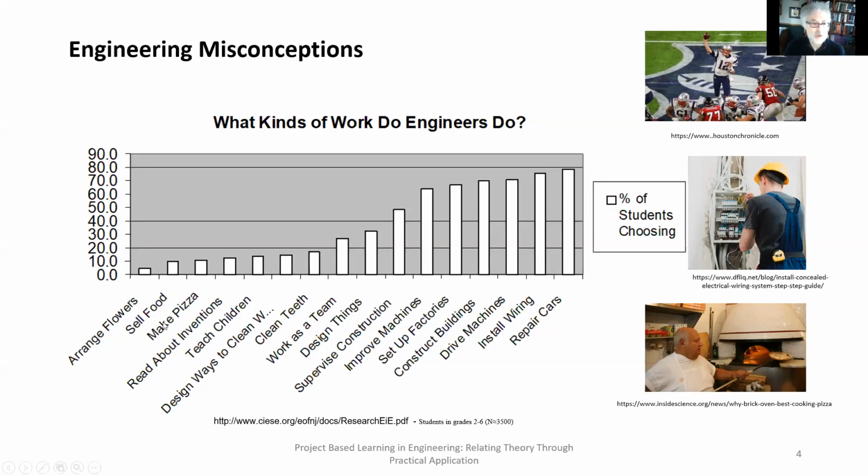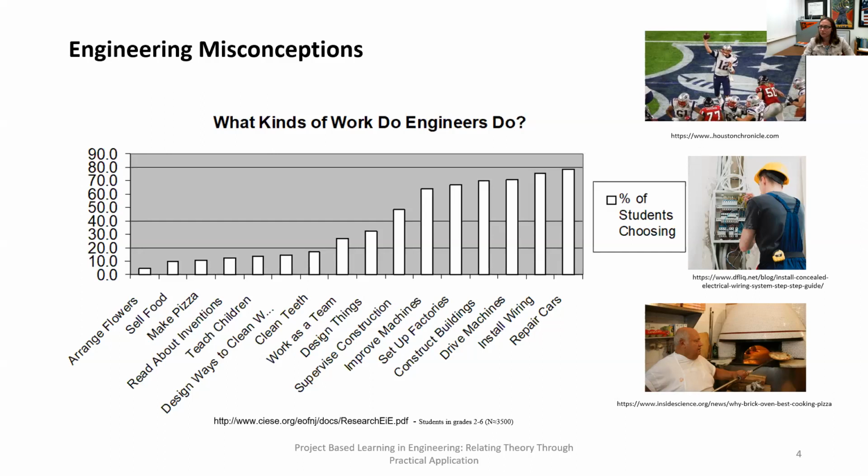I'm terrific in all of these ones, by the way. And clean teeth, install wiring, repair cars, etc. These are the topics that they found are a part of an engineer's work. We will be in big trouble if we have to cover these kinds of topics. So there's a general misconception already at an early age. What is engineering? What do engineers do?